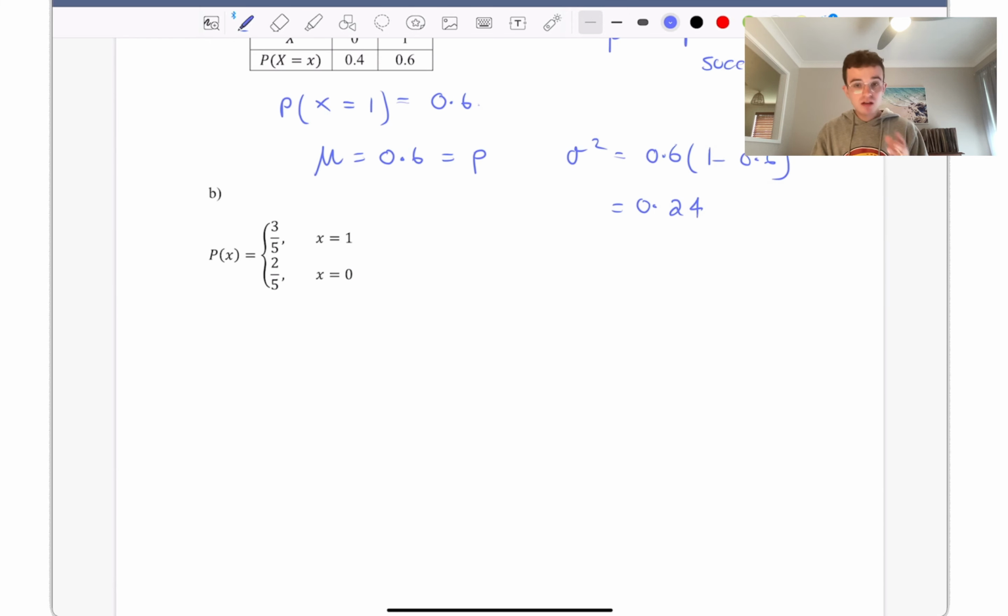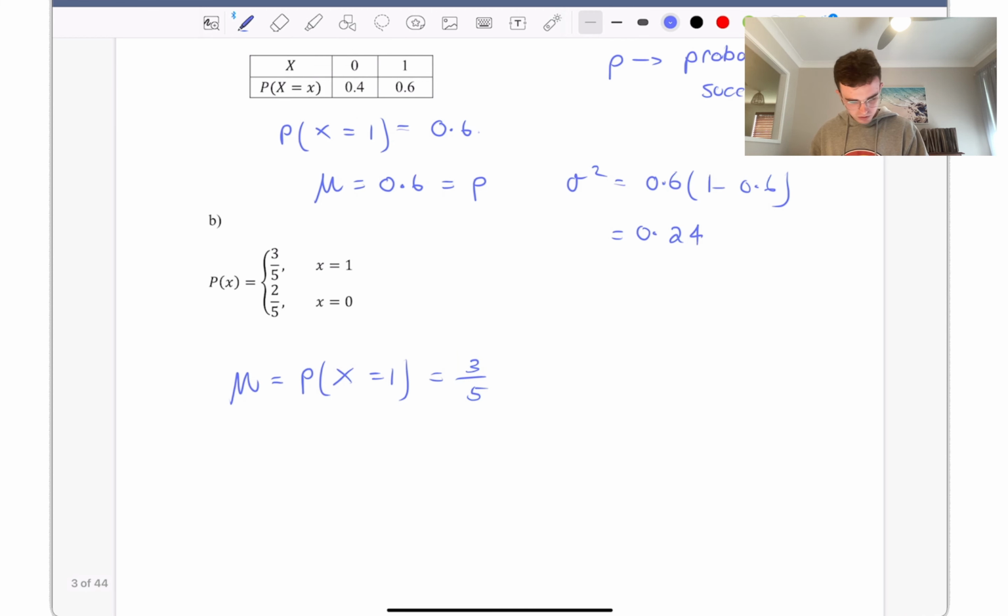Again, the mean, the expected value of a Bernoulli distribution, is equal to the probability of success. So the mean is that when p of x is equal to 1, which is 3 on 5, so therefore the mean is 3 on 5.